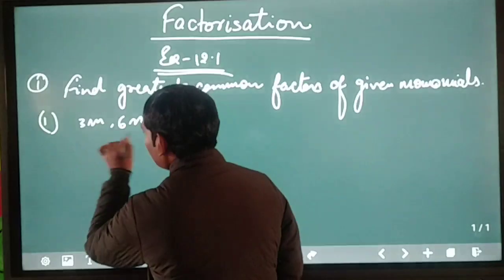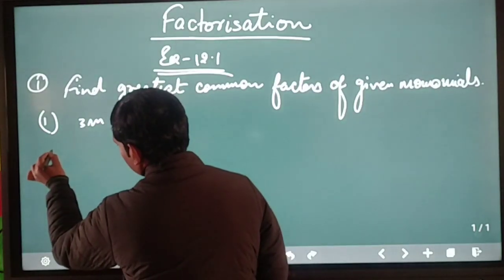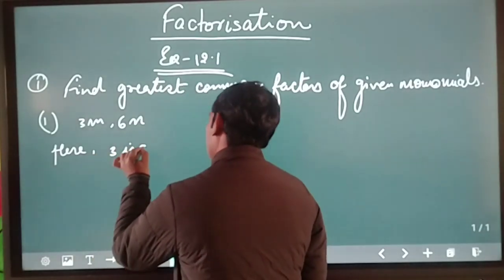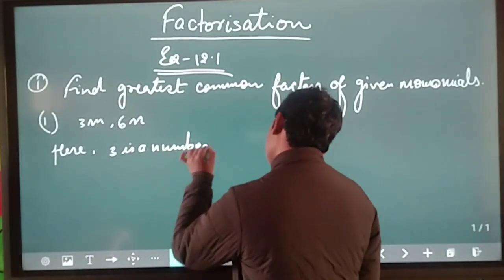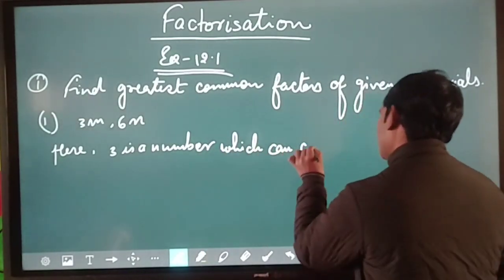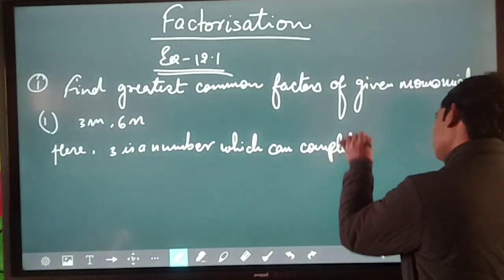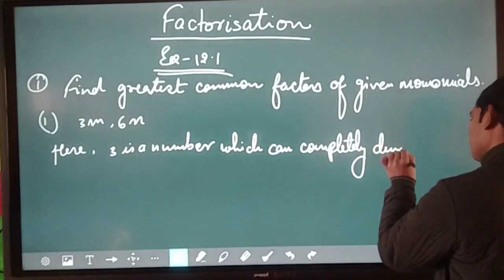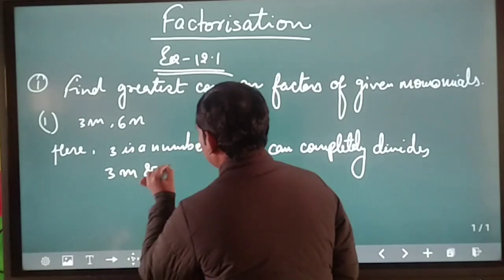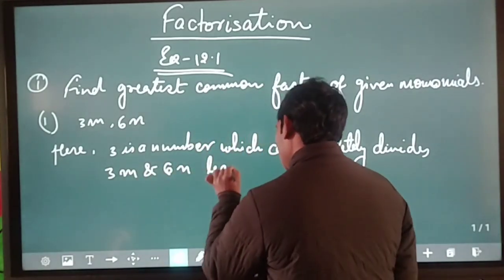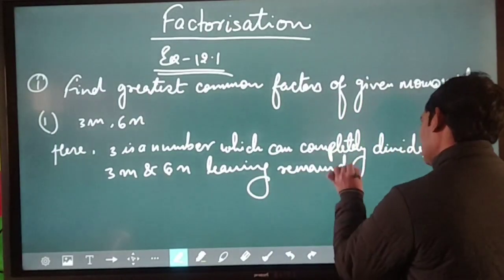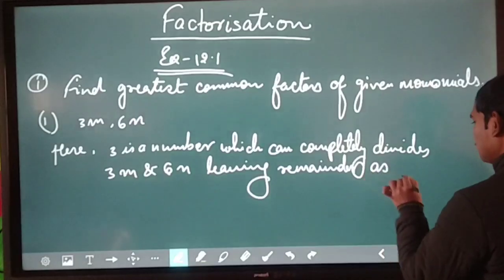So in both cases, 3 is a number which completely divides 3m and 6n, leaving remainder 0.